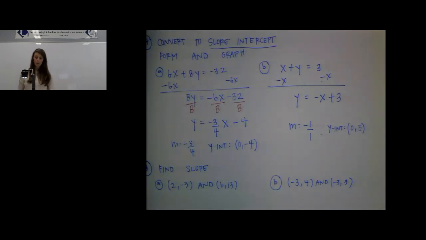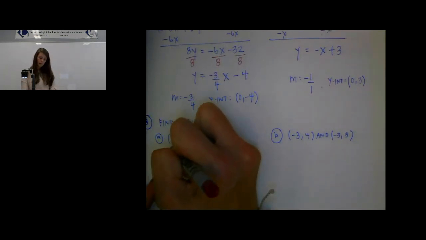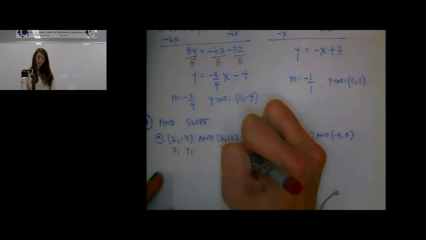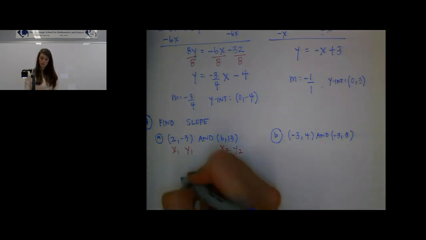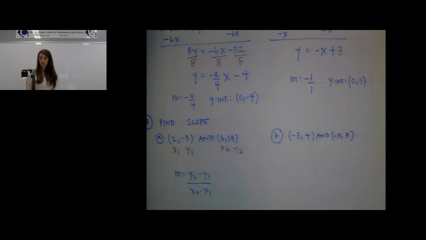All right, so finding the slope of an equation. So here, now we have an ordered pair. So you've got two ordered pairs. So you're going to have an x1 and a y1, and you'll have an x2 and a y2. So this is why you need to remember that formula. So it's y2 minus y1 all over x2 minus x1. The change in your y's over the change in your x's.